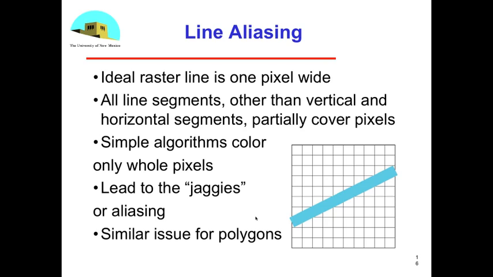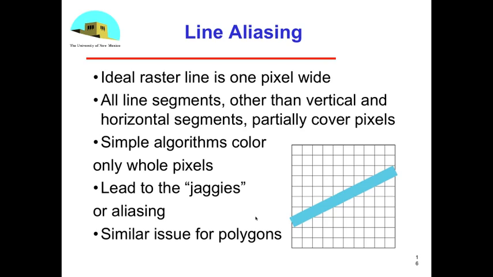The reason I'm calling it a raster line is that a mathematical line has length but no width, and so you would never see it. What would be the ideal line to display in your frame buffer? Well, we could argue it should be 1 pixel wide. Some frame buffers will let you actually do less than that and have half and quarter width, but generally the idea is that if I were to draw this ideal raster line, it should be 1 pixel wide.